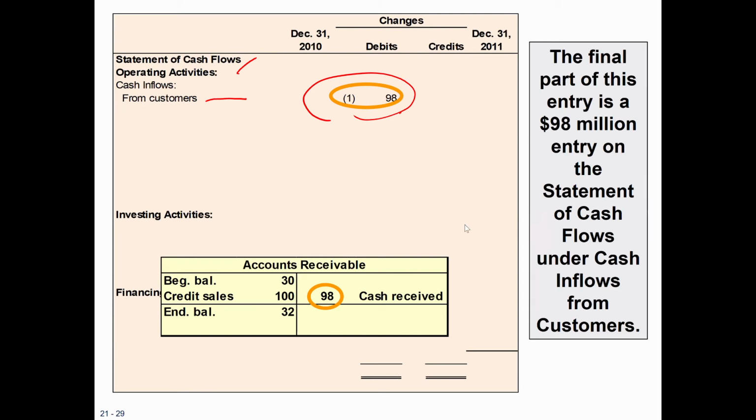Okay. So we just introduced the new method, and we compare it with the old method. We use the T accounts to figure out this 98, or we write a summary journal in the spreadsheets.